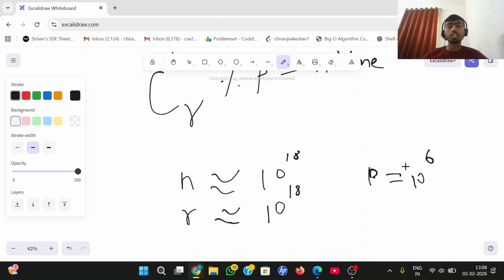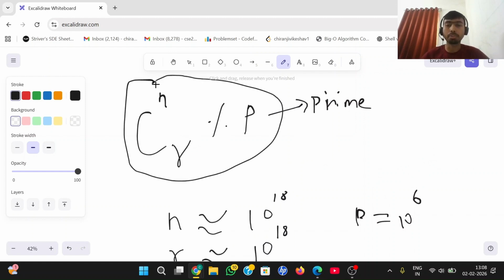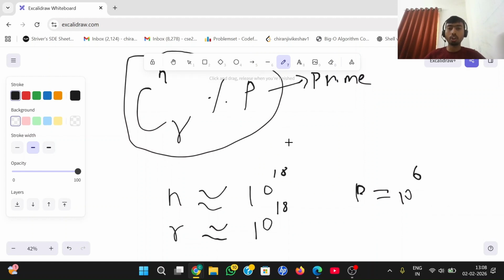So how can you calculate the value of this nCr modulo p expression? It is going to be very costly because the values of n and r are very large.